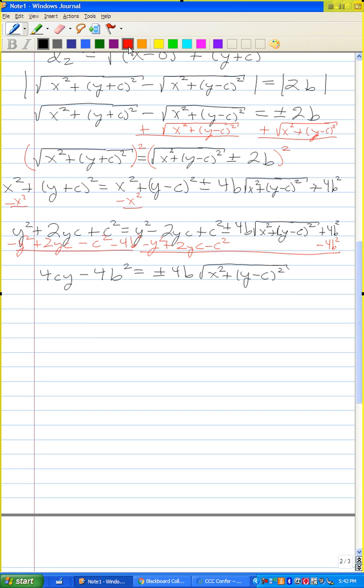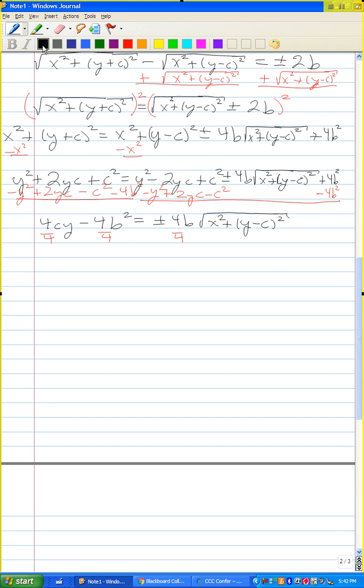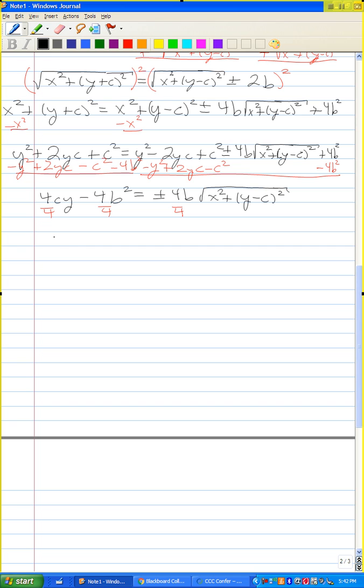Divide by 4. So cy minus b squared equals plus or minus b radical x squared plus (y minus c) squared. Square both sides of your equation.